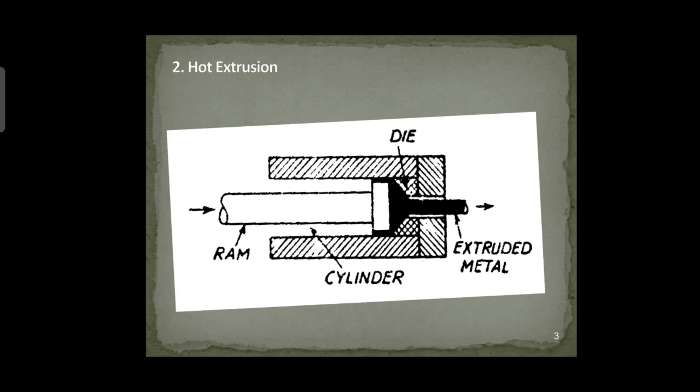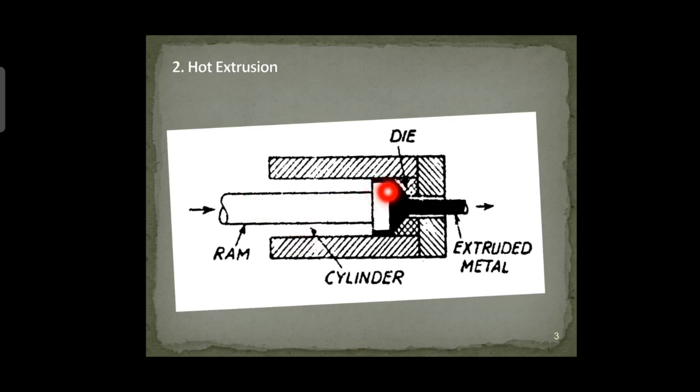The ram is inbuilt in the container. You can see this is a container, and inside the container or chamber the ram is there. You can take it as a plunger or a ram.